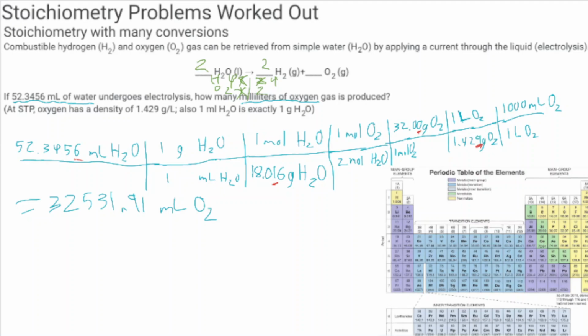And then the last one is an exact equality. So we're going to be limited to 4 significant figures overall. So we're good down to that second 3. So when we write out the final answer, this would be 32,530 milliliters of O2.